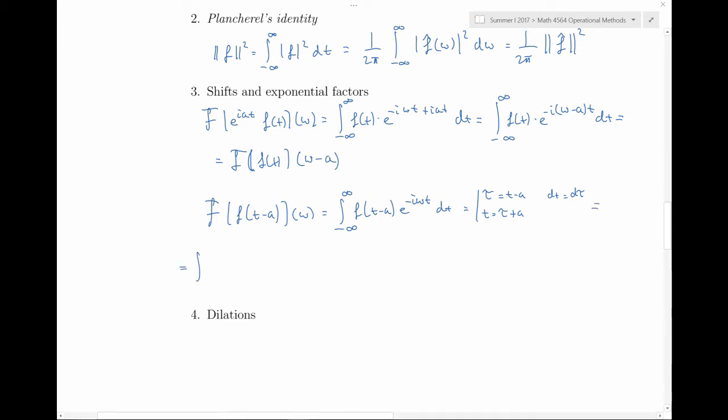So this is the same as integrating from minus infinity to infinity of f of tau multiplied by e to the minus I omega tau plus a d tau.